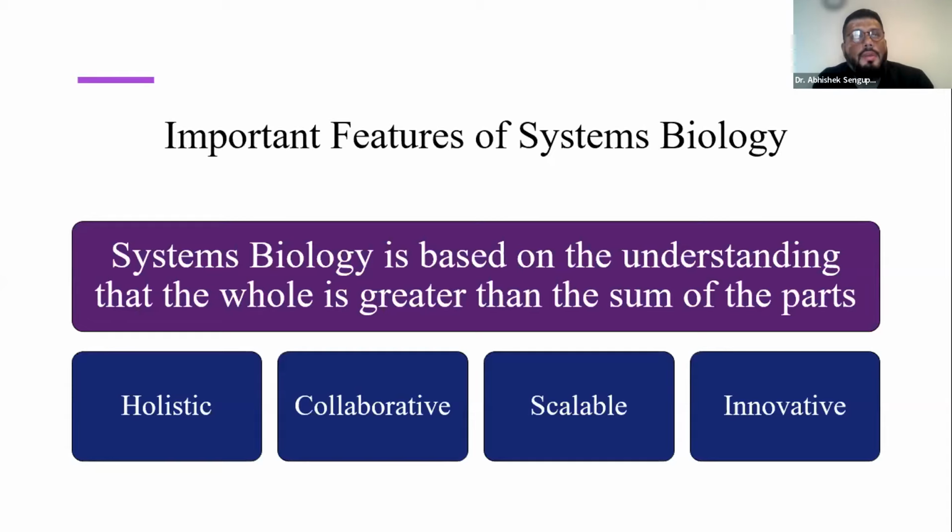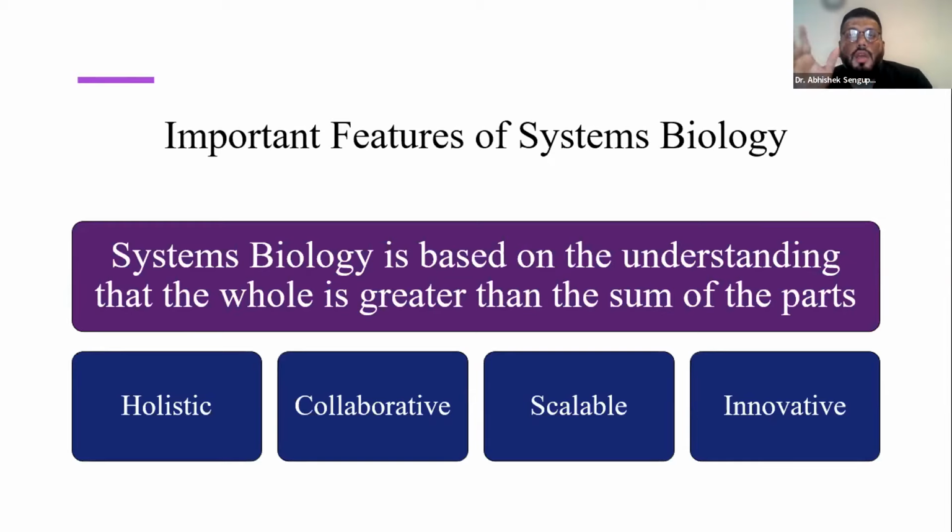I have already explained why it is collaborative in nature, integrating various basic fields of science. And then there is its ability to design predictive multi-scale models. You can design them at the molecular level, atomic level, then at the tissue level, cellular level, organ level, organism level.